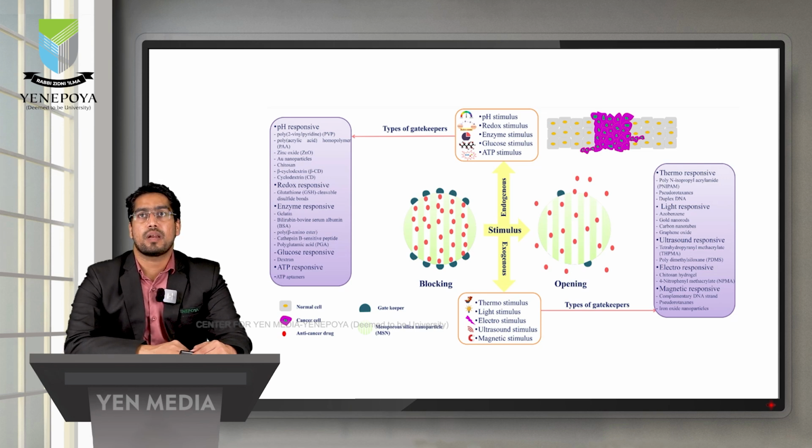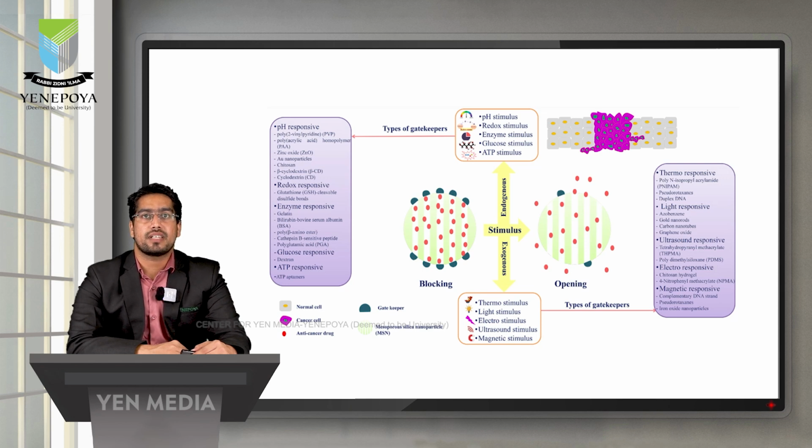There are also various thermoresponsive polymers such as poly N-isopropylacrylamide and duplex DNA, and for light sensitive systems we will be using azobenzene and gold nanorods. For ultrasound responsive systems we will be using tetrahydromethacrylate and polydimethylhexane. For electro responsive systems we will be using chitosan hydrogels.